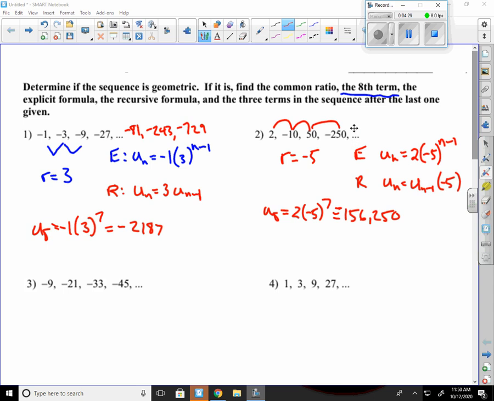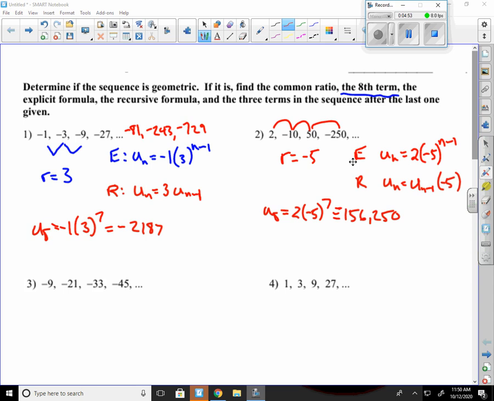In order to find my next 3 terms after the last one given, I'm just doing negative 250 times negative 5. That gives me 1250 times negative 5. Wait, I messed that up.